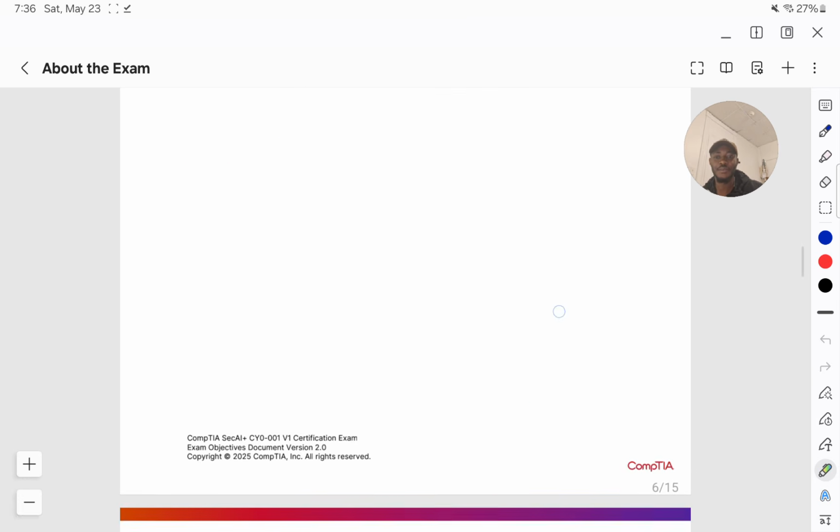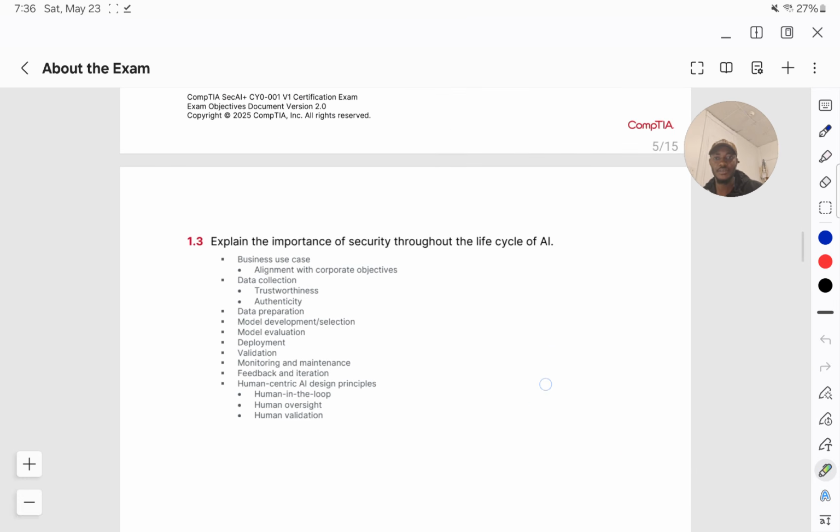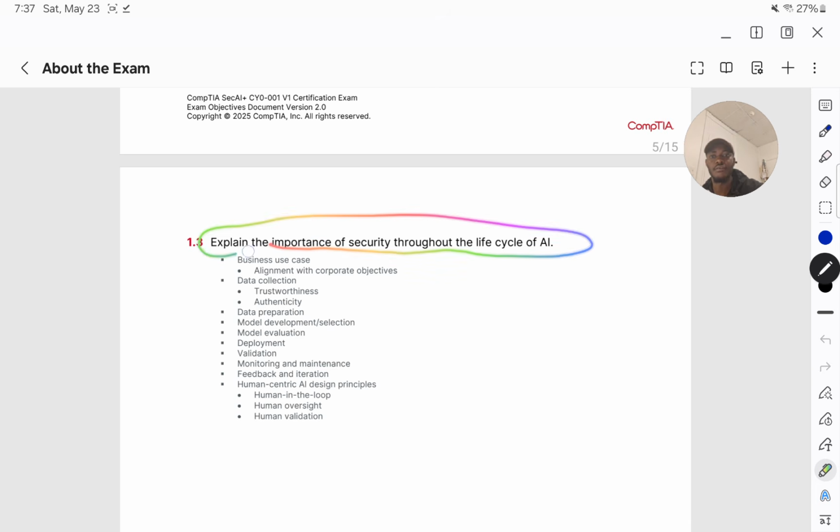And there's another aspect to the course as well, the governance and life cycle aspect of the exam. The exam expects candidates to be able to explain or provide solutions on the importance of security throughout the life cycle of AI. AI is a very hot topic to ignore without talking about security.